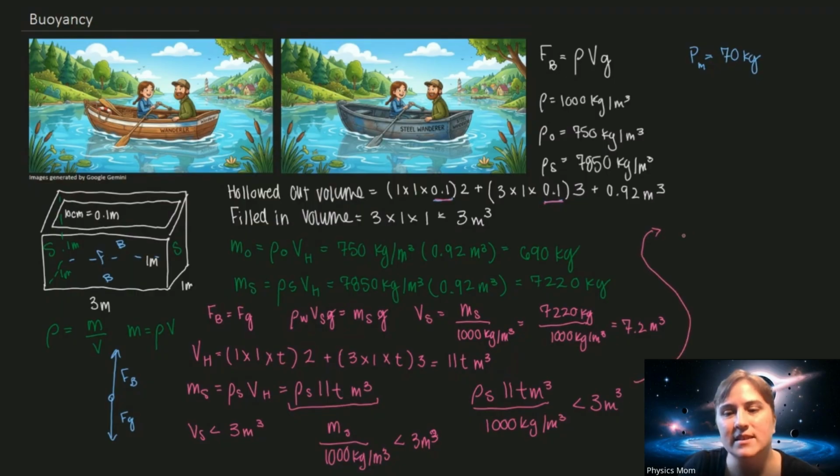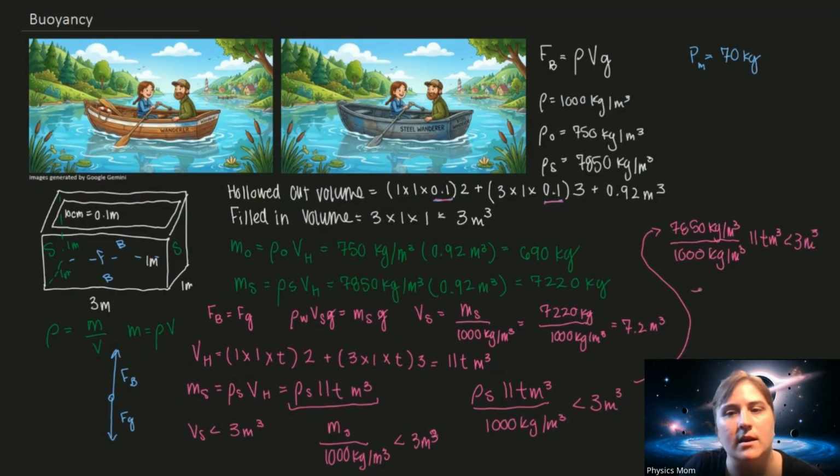The density of the steel is the same because it's steel, 7,850 kilograms per meter cubed. This is divided by the 1,000 kilograms per meter cubed of water times 11T meters cubed. It has to be less than 3 meters cubed. And I'm going to solve for T.